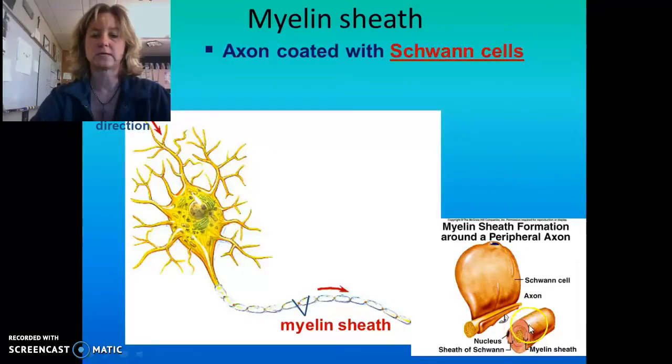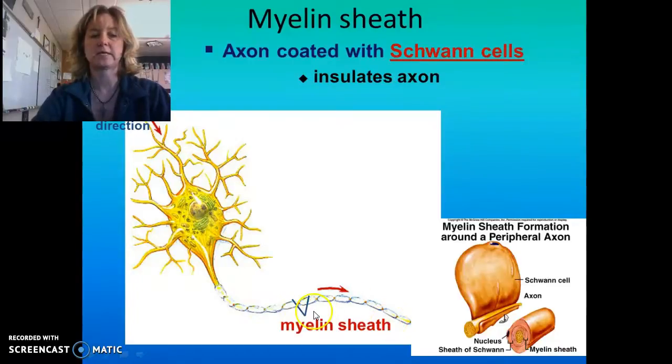And so you can see here when it's done that it's insulating this section of the neuron. So if I come over here, I can see that this white section right here is one Schwann cell that's wrapped around. Then next to it is another Schwann cell that is wrapped around, and then another and another and another, and it continues on in that fashion.